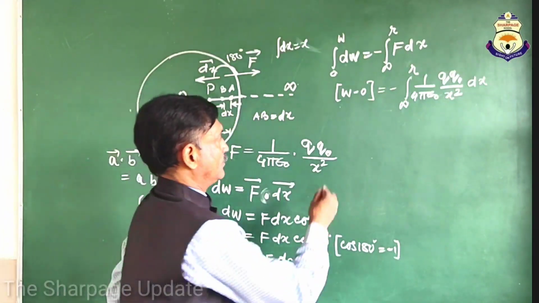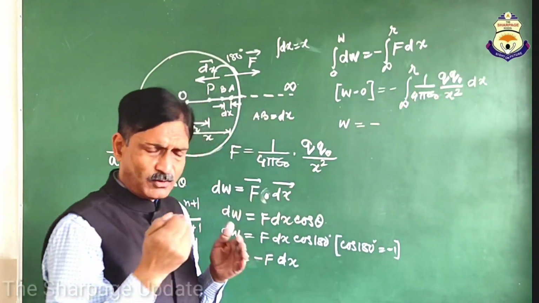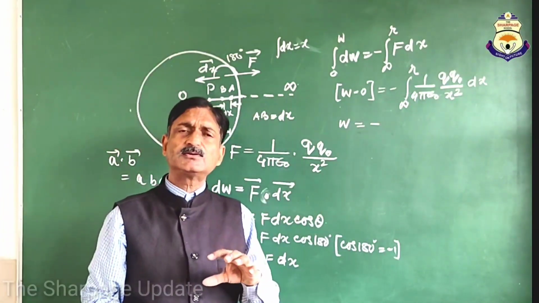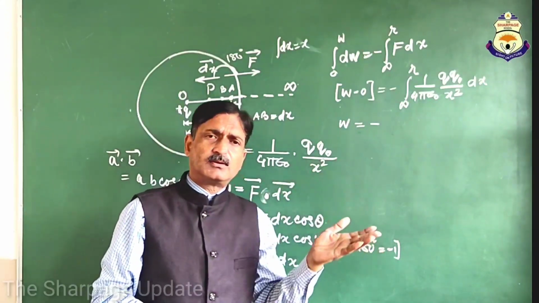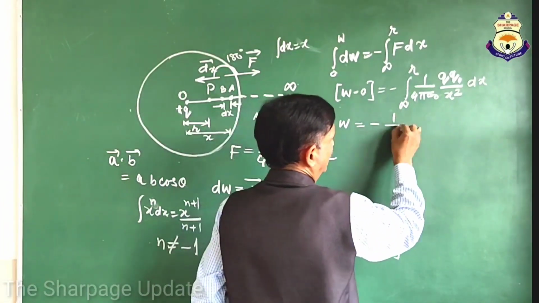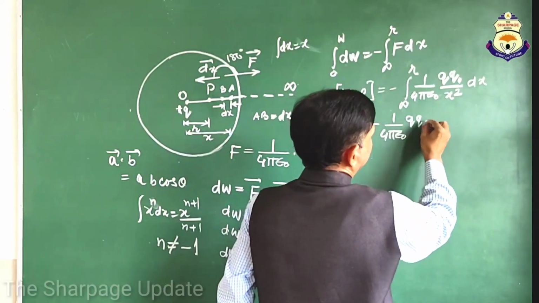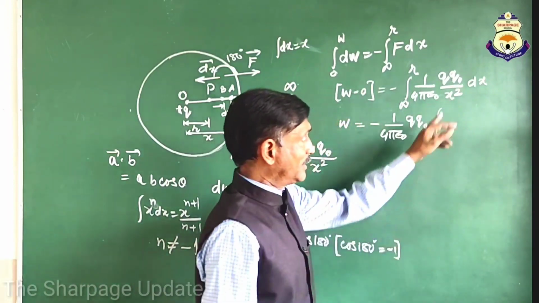Now this will be W equal to minus, and we know that the constant values come out from the integration, then 1 upon 4 pi epsilon 0 q0 and 1 upon x square.